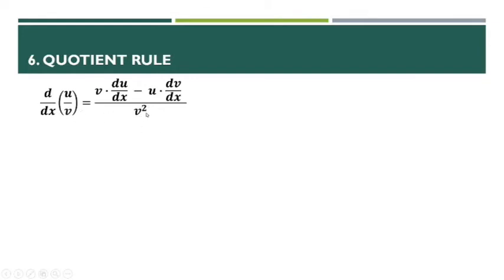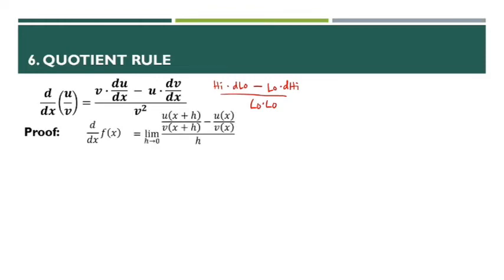So, lower function squared. So, pwede nating ilagay low times the high minus high times the low, over the low squared.